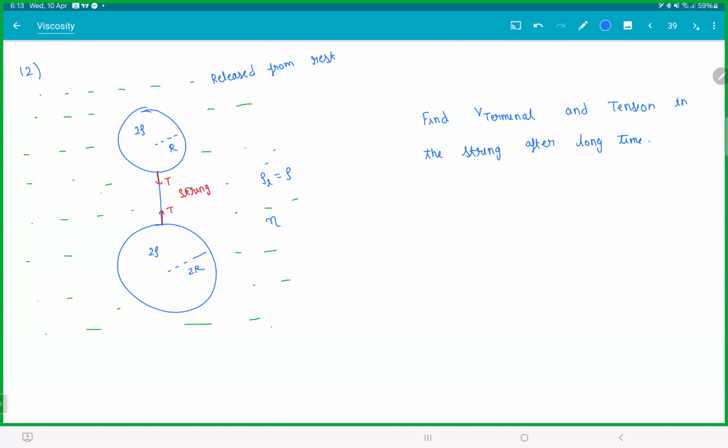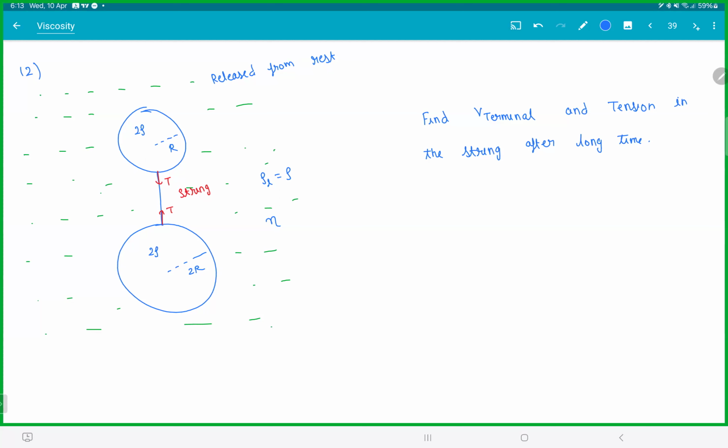Both of them have the same density too. One is R and one is 2R. Find the tension also. Easy one.